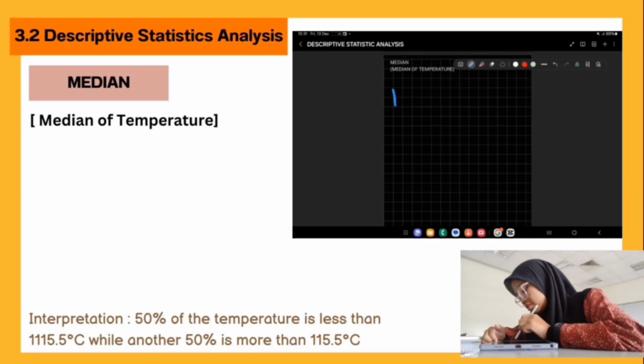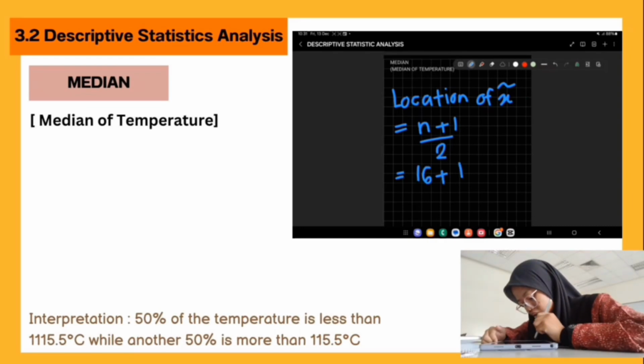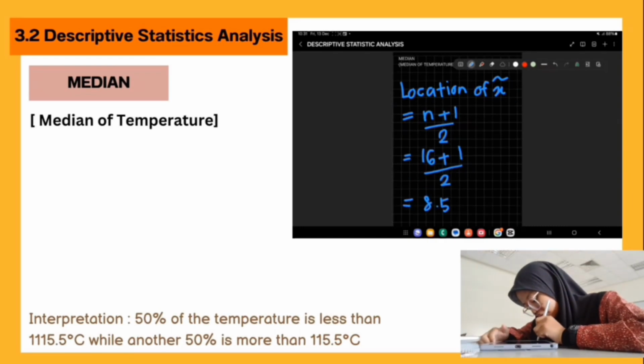First, we have to locate the median by using this formula: location of median equals n plus 1 over 2, which is 8.5, and the location is between 8 and 9.